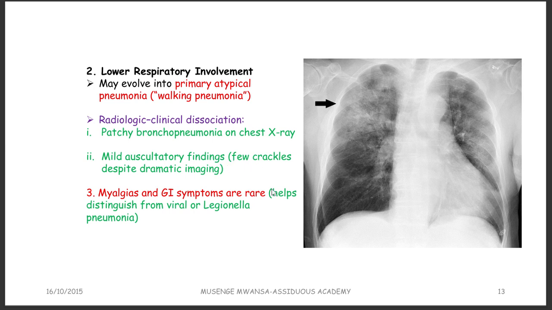Actually, these are the features of pneumonia. When you're doing a respiratory exam, you do inspection, percussion, palpation, auscultation. So for auscultation, you hear these crackles, which can be few, but for the imaging, the chest X-ray will be so dramatic, it's so clear. Myalgia can also be present. GI symptoms can also be present, like diarrhea.